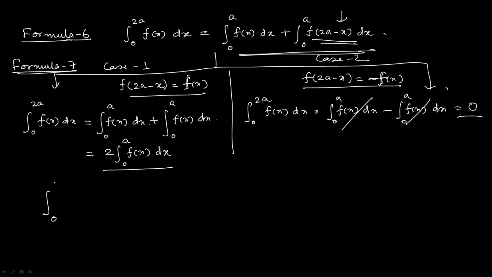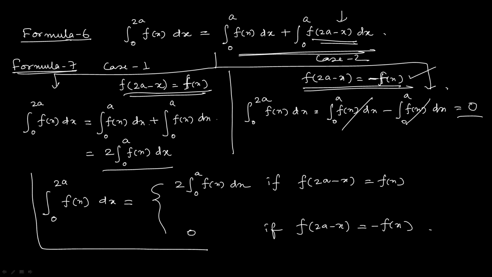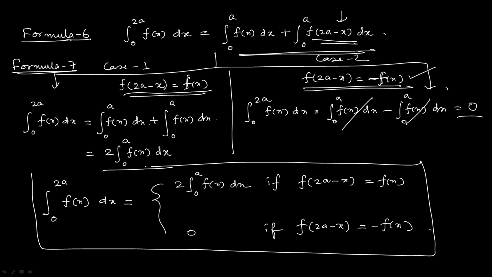So a new formula is constructed here: 2 times integral 0 to a f(x) dx, and 0 here. The first case happens if f(2a minus x) equals f(x), and the second one happens if f(2a minus x) equals minus f(x). So that is creating my formula number 7.